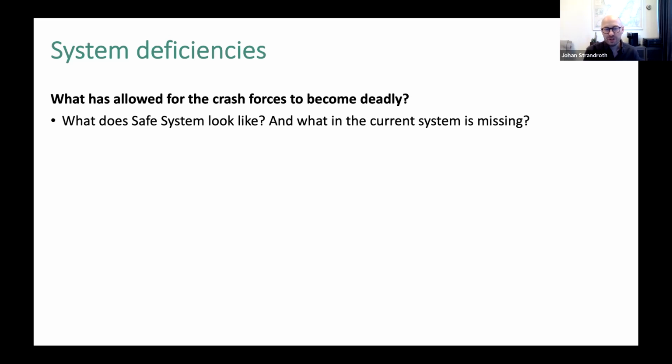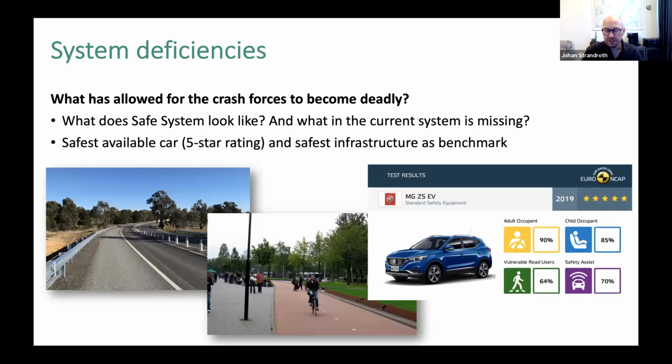So you want to arrive at something that's actually feasible in a treatment setting, relating to tools that we actually have. And that's why it's quite useful to compare the conditions in the crash with best practice. In this case, it would be pretty much a safe available car, like a 5-star rated car, with the safety features that we have, and the safest infrastructure as a benchmark, which could look quite different depending on where in the system you are.